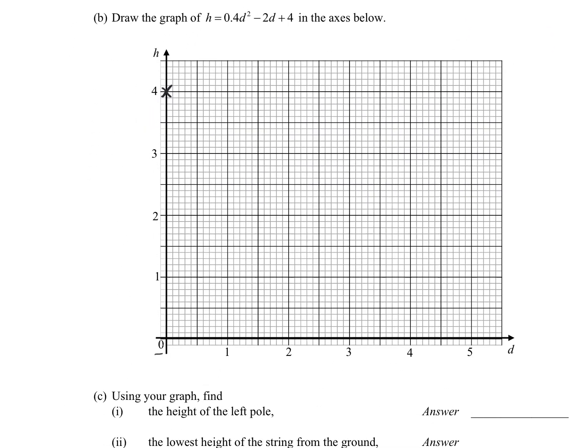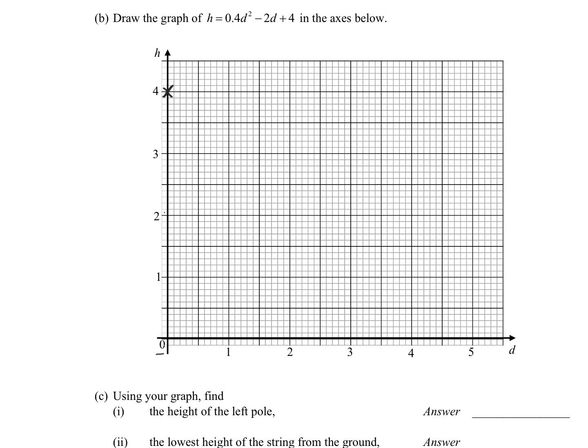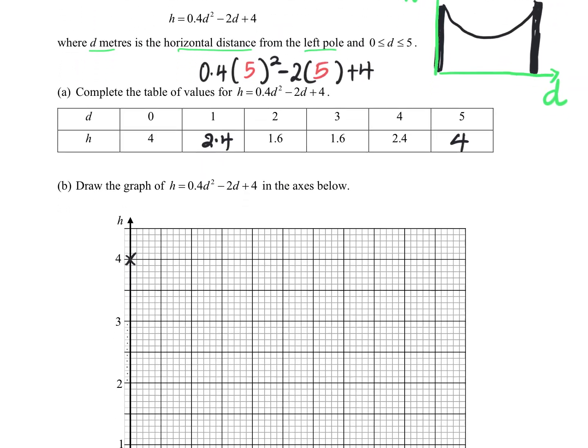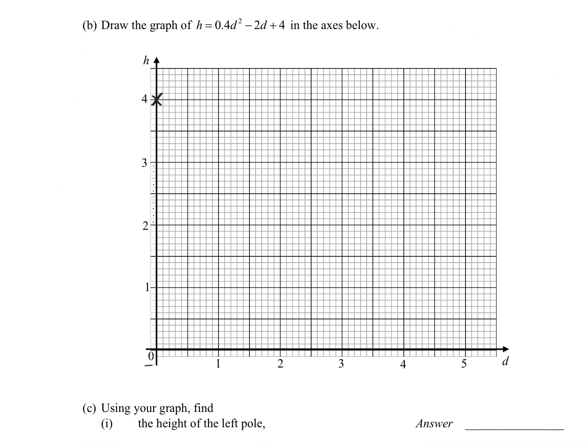Where is 2.4? Between 2 and 3. 1, 2, 3, 4, 5, 6, 7, 8, 9, 10. 1 square is 0.1 unit, so it's easier. So 1 is at 2.4: 2.1, 2.2, 2.3, 2.4 over here.